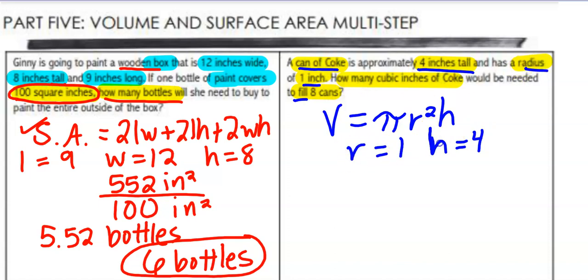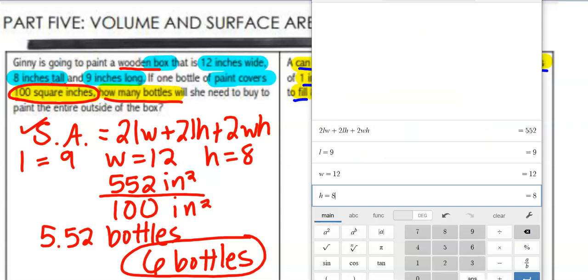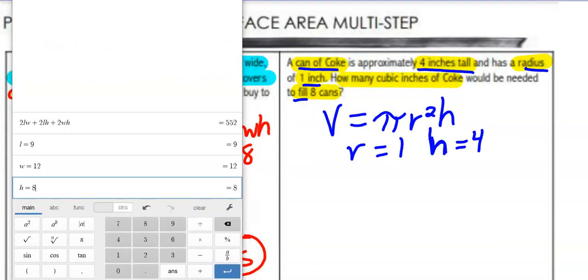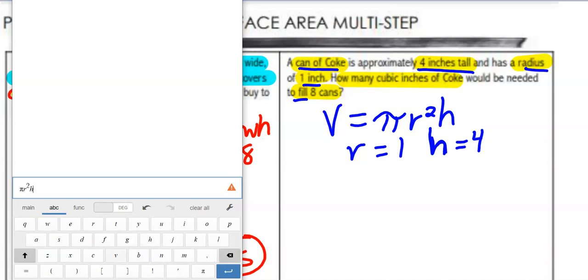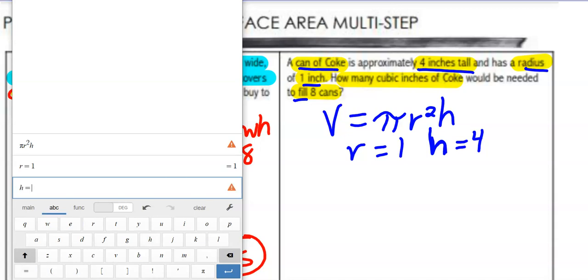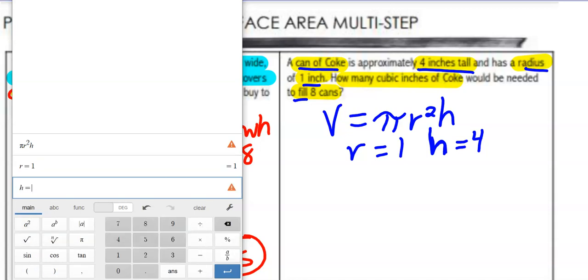So we're just going to use our Desmos calculator again, using this formula. I'll pull it over here, clear this out, and we're going to put in pi r squared height. Go to our next line. R is equal to 1 and H is equal to 4.